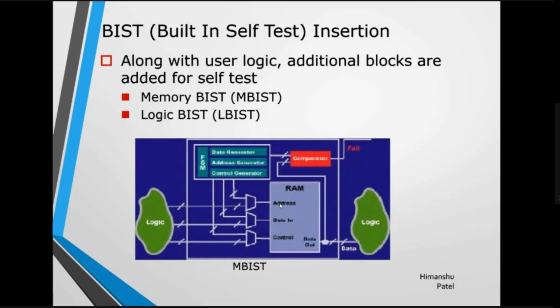This one bit of data is either 0 or 1, correct? It should not be stuck at a certain value. That's what you verify. You make sure that the entire RAM cells are accessible for read and write, and that you are able to change the value from 0 to 1.